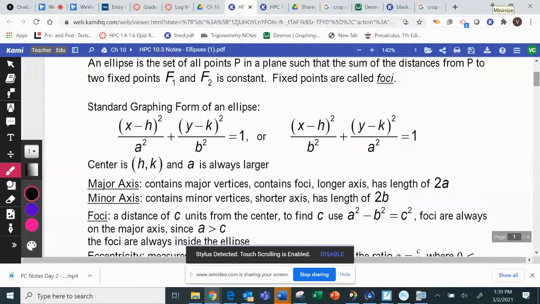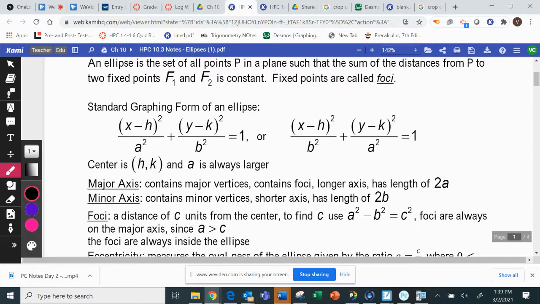For the graphing form of an ellipse, there are two similar but different formulas. The only thing different about these is where A and B are located. I really don't want you to get hung up on what A and B are. I think if you just think about the numbers, it's going to be a lot easier.